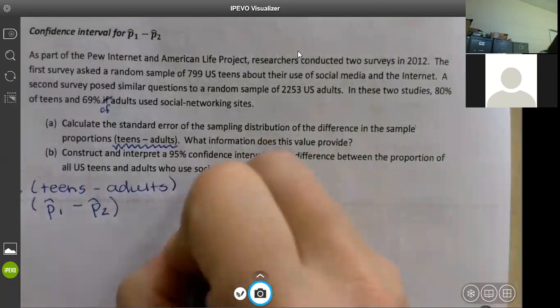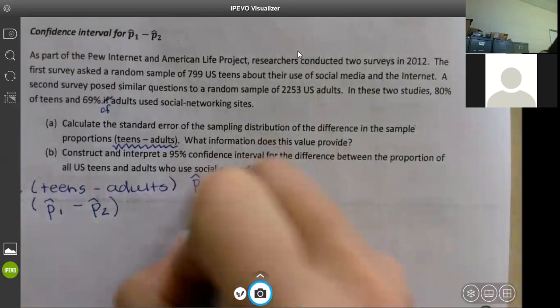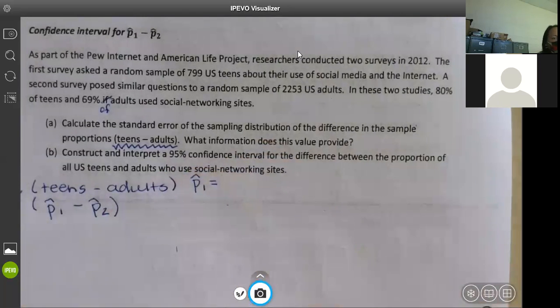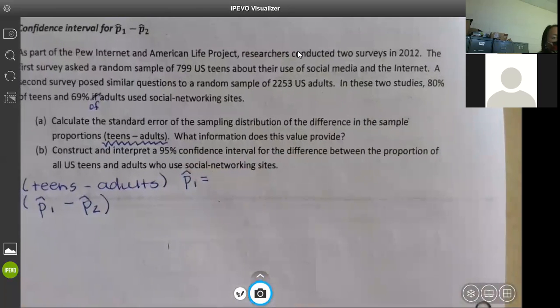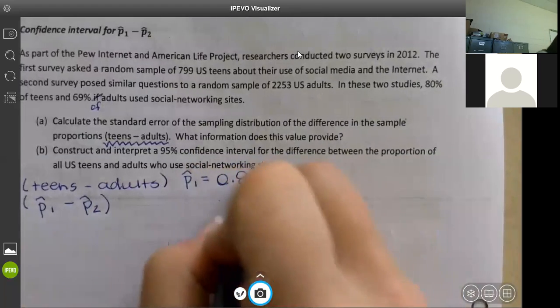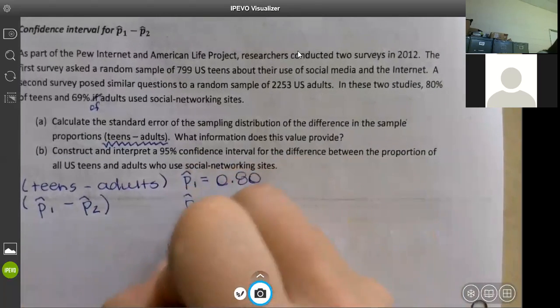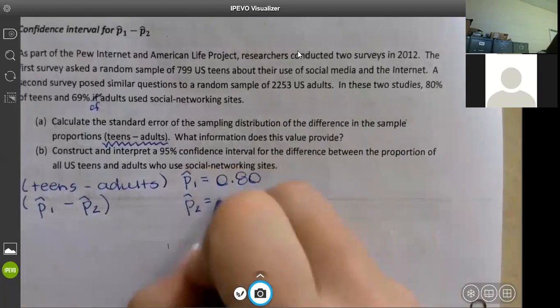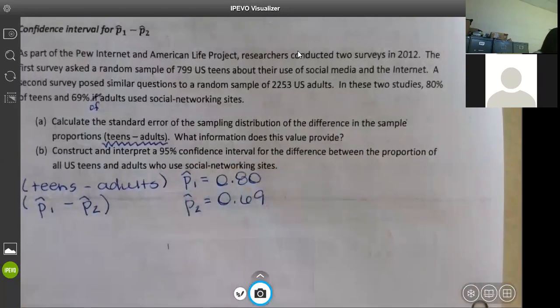So what is our P hat 1? What's our proportion for teens? 0.80. What is our proportion for adults? 0.69.